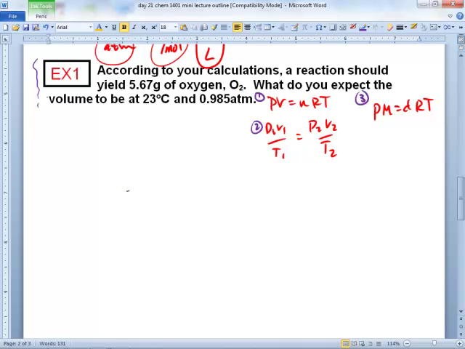All I got to do is read the question, see what variable they're after, and then I go look for the equation. What variable are they after in this question? Volume. So the first thing I'll probably write is V equals question mark, and then I'll go look for the equation.